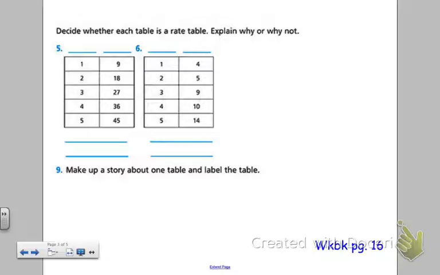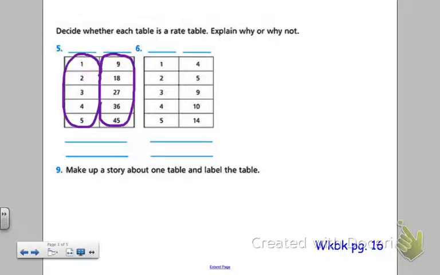So let's see, if I look at number 5, I can see that this is my ones column, right? I'm increasing by 1 every single time, 1, 2, 3, 4, 5. Now this column, let's see, this looks like my nines column in the multiplication table. 9, 18, 27, 36, 45.